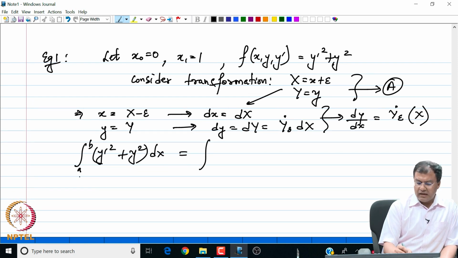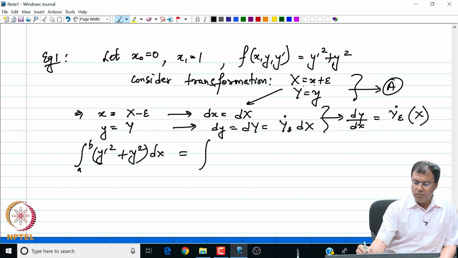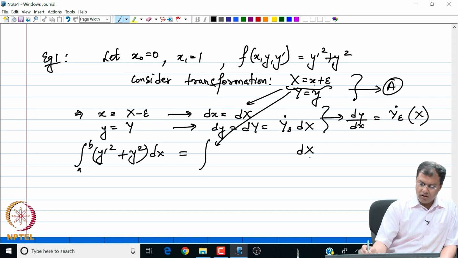Now notice that the original interval was from a to b. When x was varying from a to b, capital X will vary from a plus epsilon to b plus epsilon. Using this relation, capital X will vary from a plus epsilon to b plus epsilon.